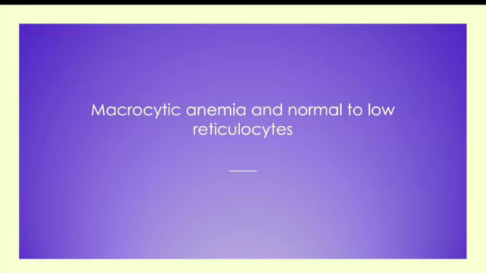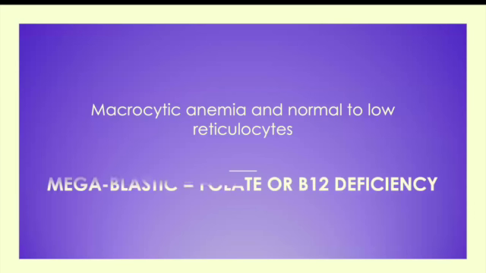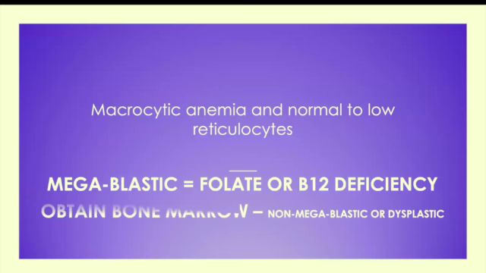What about macrocytic anemia and normal to low reticulocytes? That would be your megaloblastic, which is your folate or B12 deficiency anemia. So if it's a non-megaloblastic or dysplastic anemia, you want to obtain bone marrow.